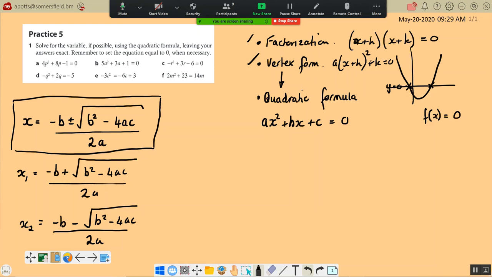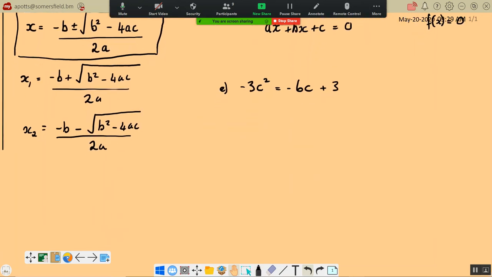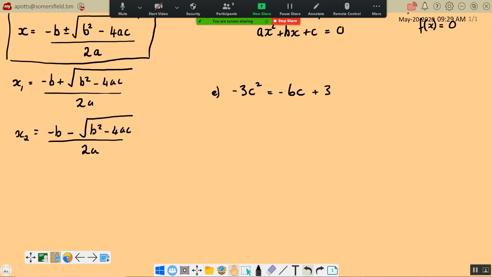I'm going to do this one here, E. So we're going to solve minus 3c squared is equal to minus 6c plus 3. Okay, so what do we have to do first before we even use the quadratic formula?